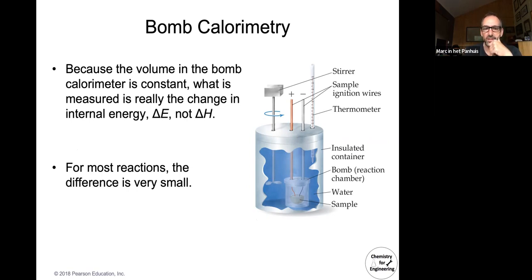One of the things that we talk about here, of course, is that because we now have a constant volume, and that's where you have to look back at the equations, we're actually measuring the change in internal energy. Enthalpy is internal energy plus pressure times volume.